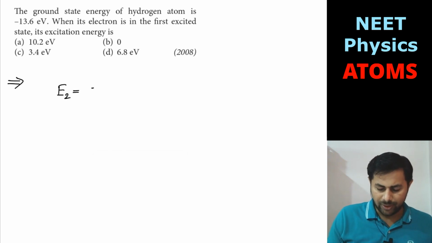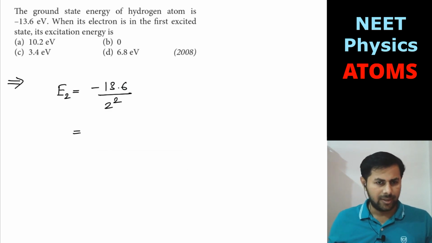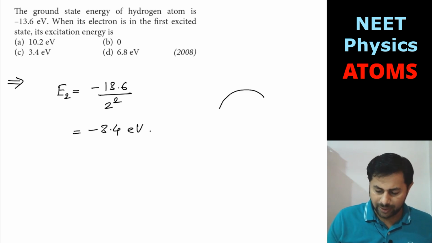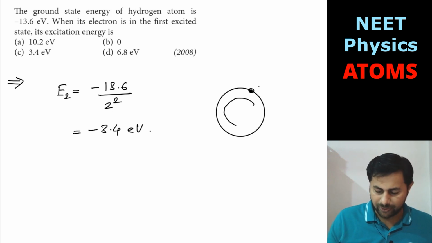E2 is equal to minus 13.6 divided by 2 square, and I asked you to remember the energy of the first 4 orbits, so this is minus 3.4 electron volts. The electron is in the second orbit and its energy is minus 3.4 electron volts.